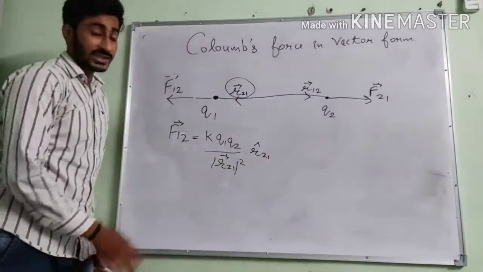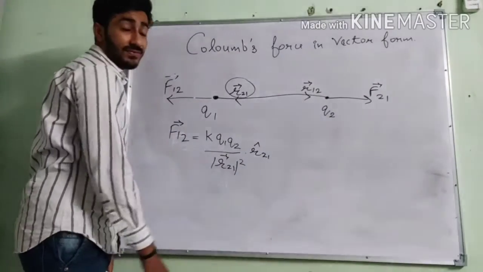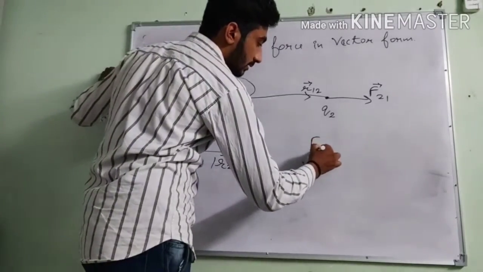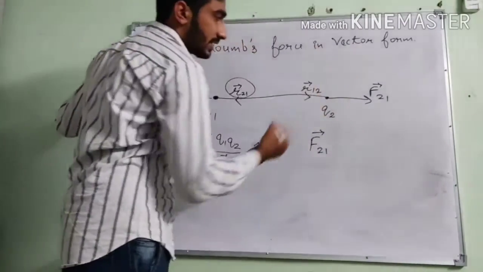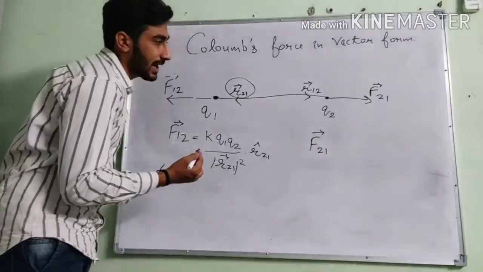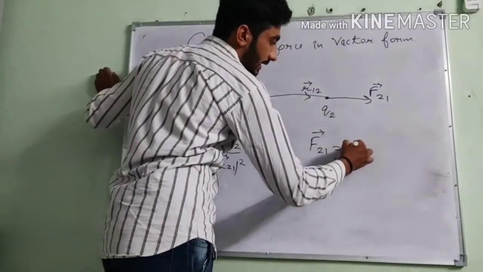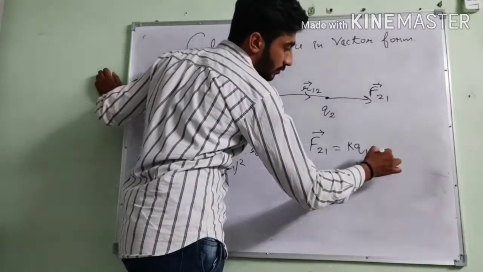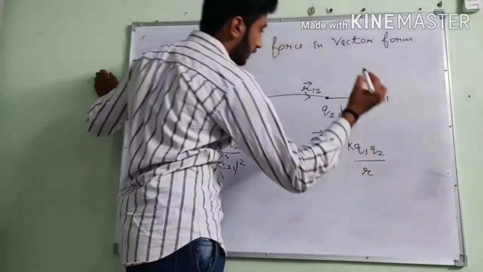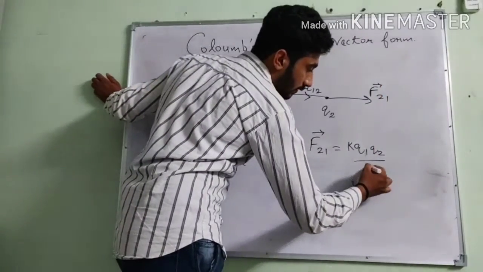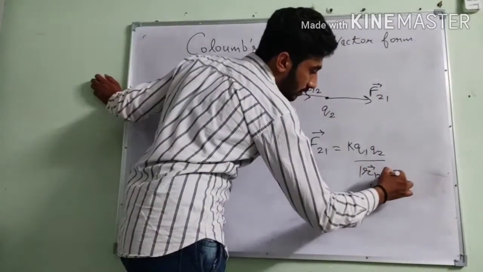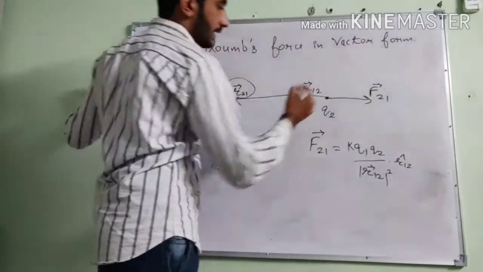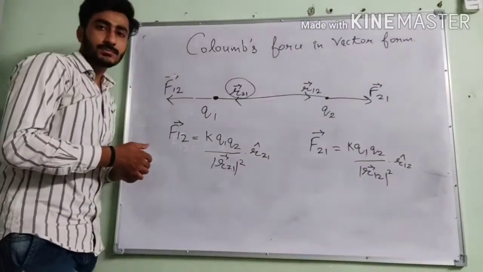Similarly, the force F21 is given by K Q1 Q2 over R12 square into R12 cap. Got it?